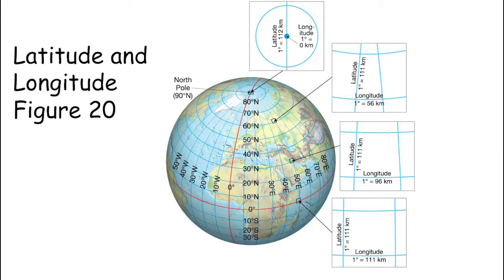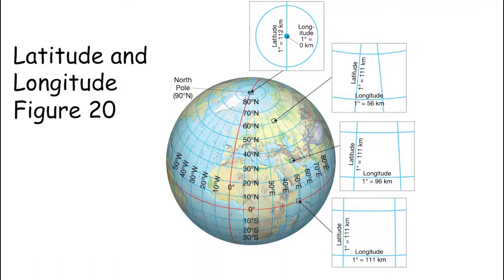On figure 20 in your textbook, you have latitude and longitude now together with particular numbers. On this particular representation of the Earth, the interval is 10 degrees.